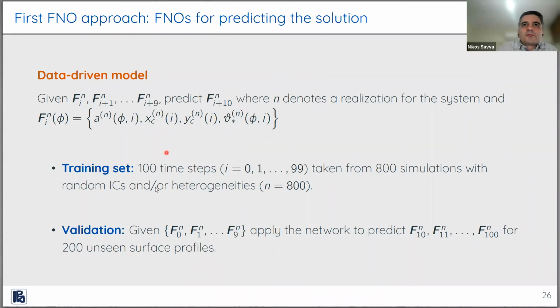For training, we use 100 time steps, taken from about 800 simulations with random initial conditions and heterogeneities. For validation, for 200 unseen surface profiles, we start from the initial data, and then we apply the network over and over to predict all subsequent solutions, up to time equal to 100.